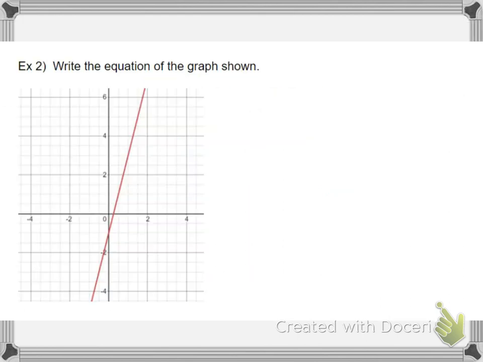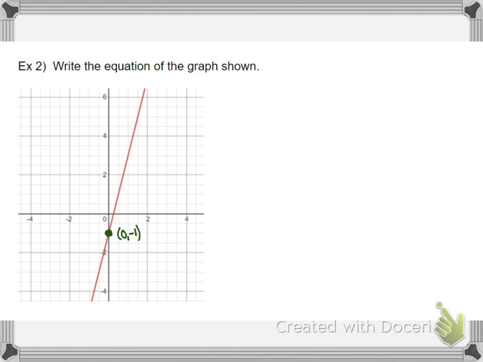Now example 2 says write the equation of the graph shown. So again, we're going to want to find what the slope and the y-intercept are. This time we just need to do it from a graph. So the first thing I'm going to look for is where does this line cross the y-axis? And I see it right here. That ordered pair would be (0, -1).